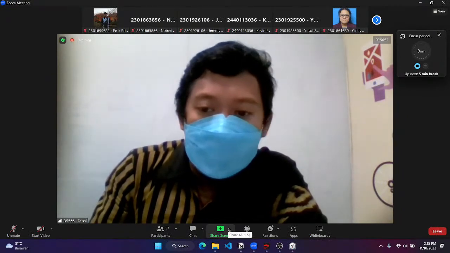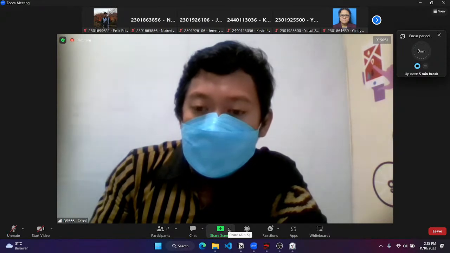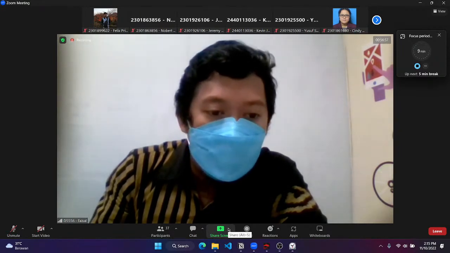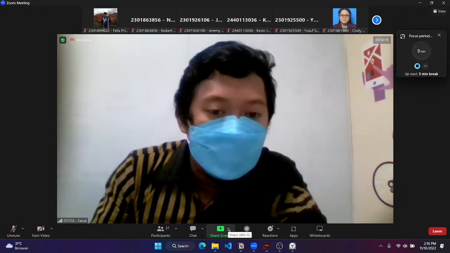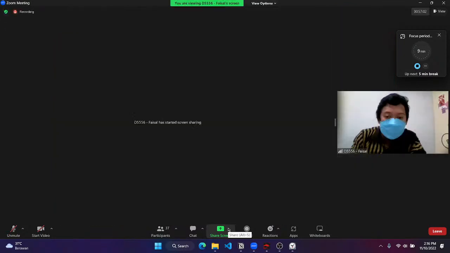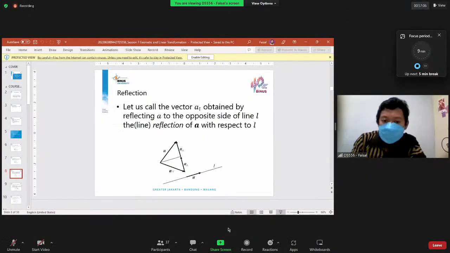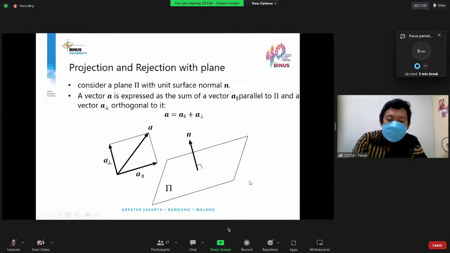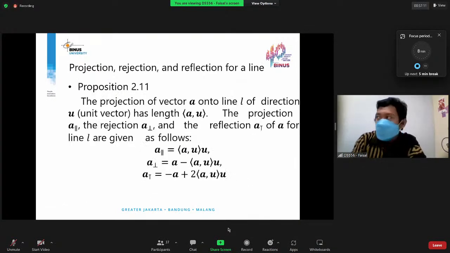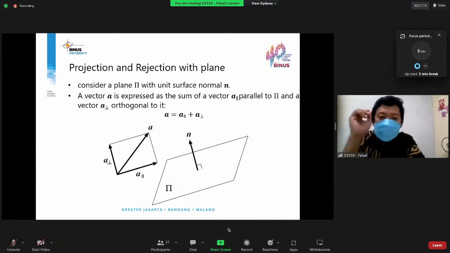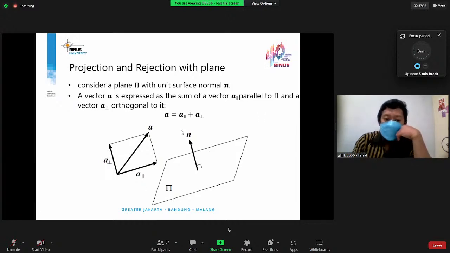So we continue to the next transformation. In proposition 2.11, we talk about the projection, rejection, and reflection for a line. How about the projection and rejection with a plane? So the picture is like this.